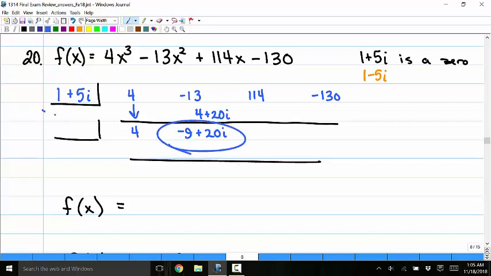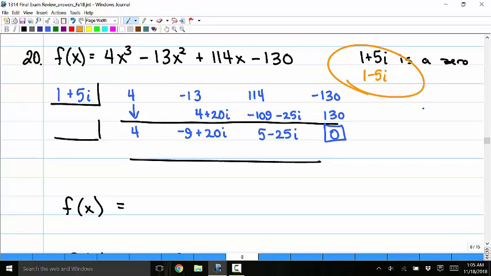When I multiply negative 9 plus 20i times 1 plus 5i, I get negative 109 minus 25i. Now I do the addition. 114 plus negative 109 minus 25i gives me 5 minus 25i. When I multiply 5 minus 25i by 1 plus 5i, I get 130. Negative 130 plus 130 gives me a remainder of 0.